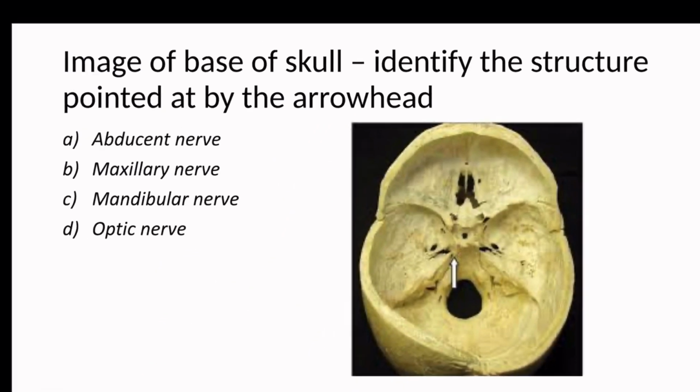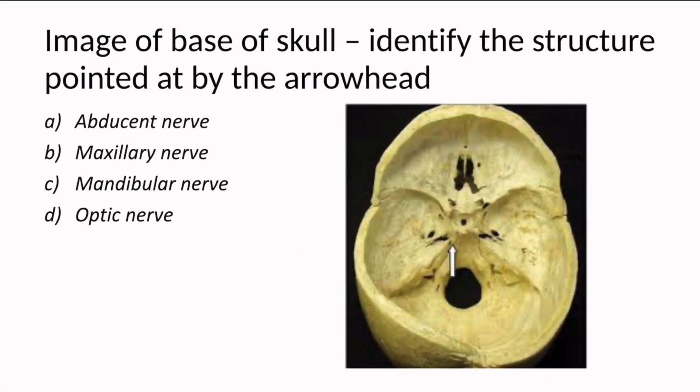You should also know the maxillary nerve passes through foramen rotundum, and mandibular nerve passes through foramen ovale. Okay.